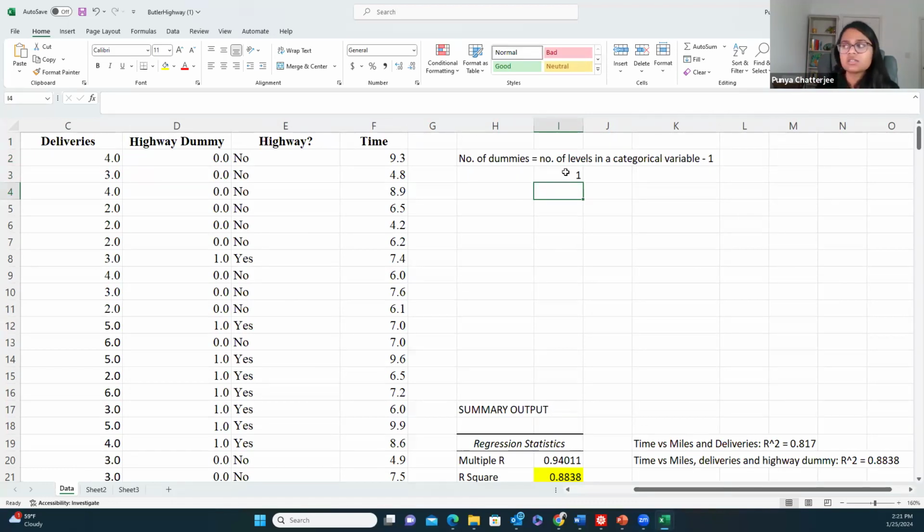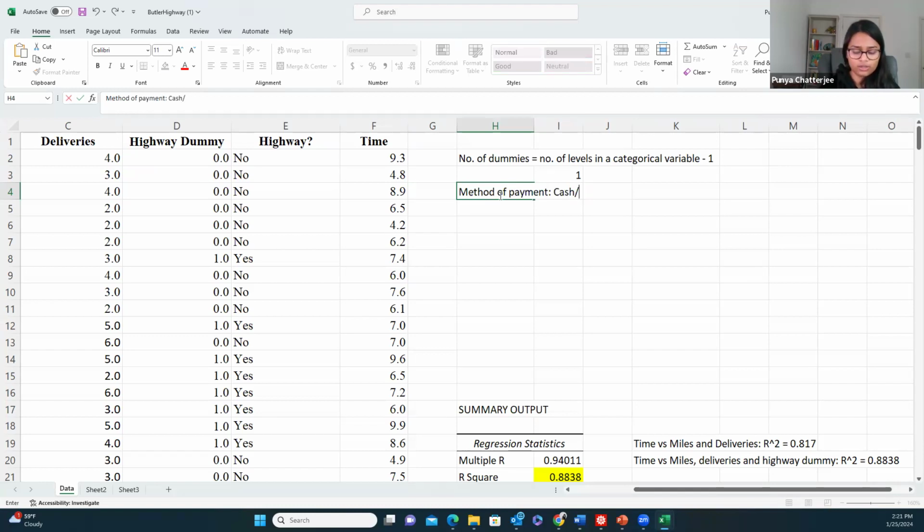Okay? So now let's think about the case where, like I said, we are using method of payment as an independent variable. And method of payment could be cash, credit, or check. So how many dummies would I need to explain this categorical variable?